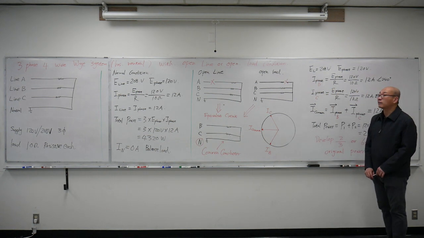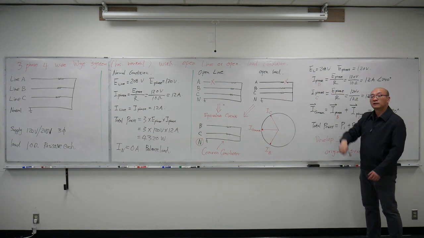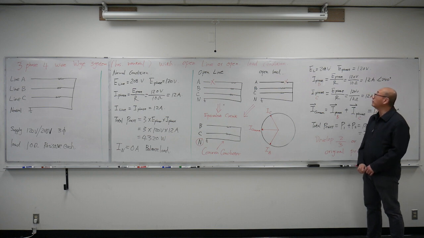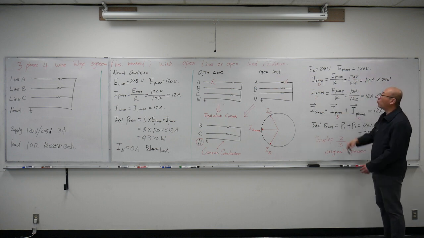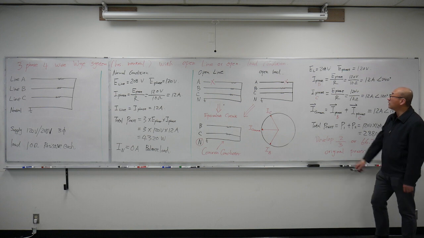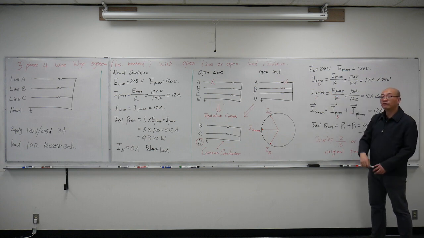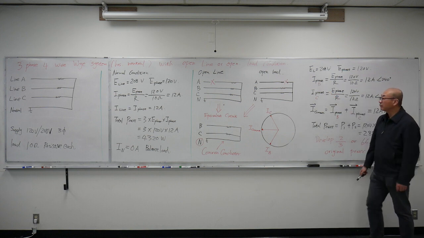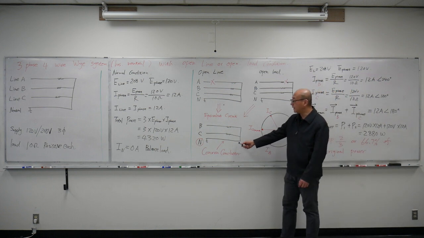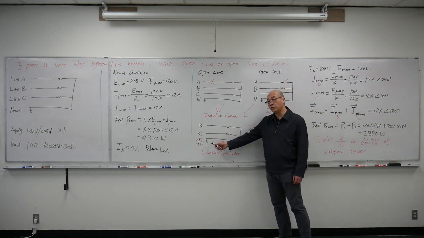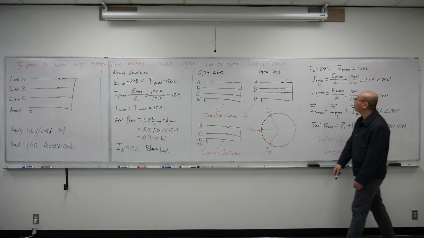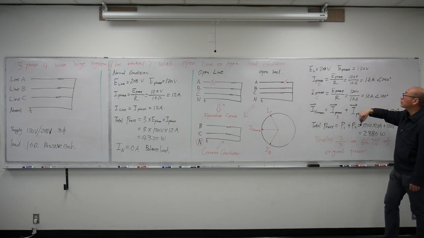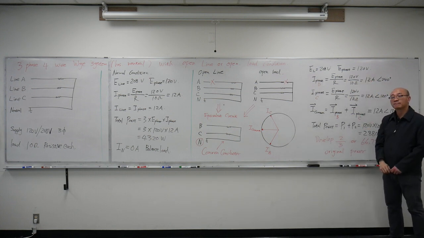Now let's do the calculation. The line voltage is still 208 volts. The phase voltage is 120 volts. So I can calculate the phase B current. Because there is a common conductor in here, the original neutral, I still will have 120 volts across that phase.